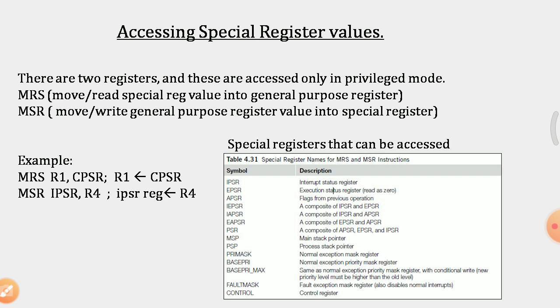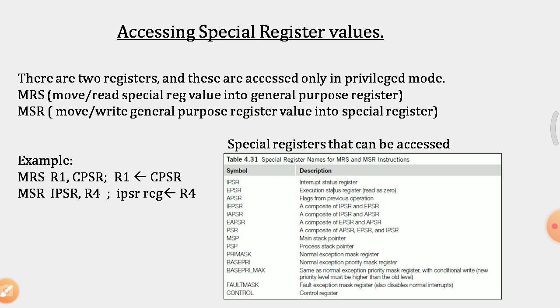So which are these special registers? In the figure below, we have shown the special registers we are going to use: IPSR, the interrupt status register; EPSR, the execution status register; APSR, flags from the previous operation; IEPSR, a composite of IPSR and EPSR.